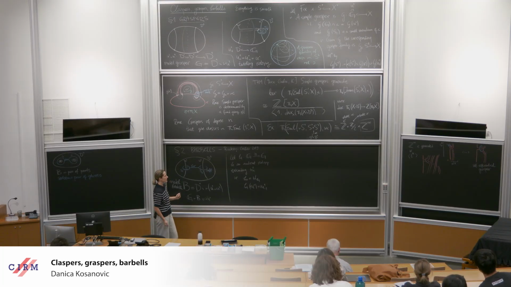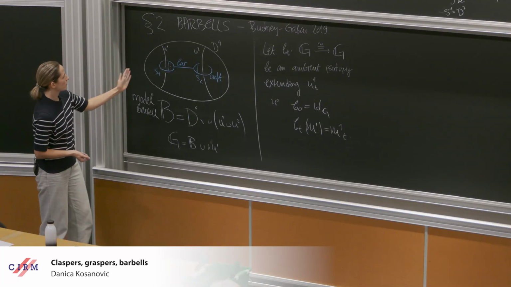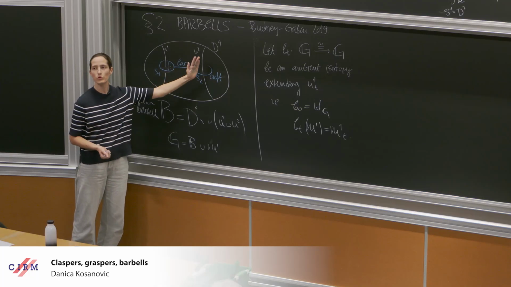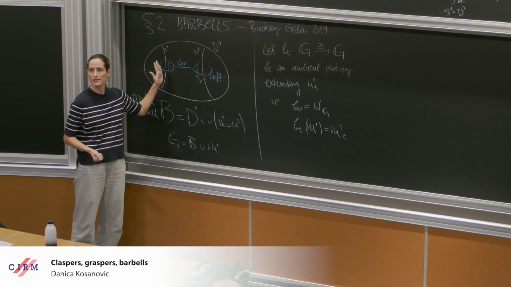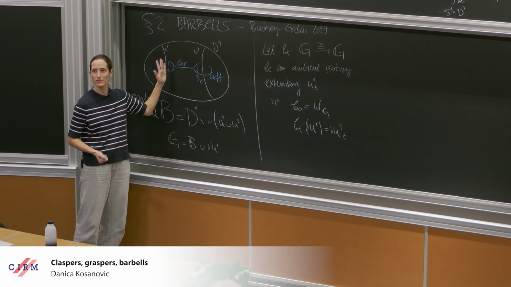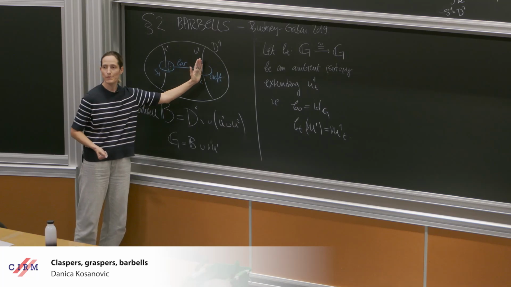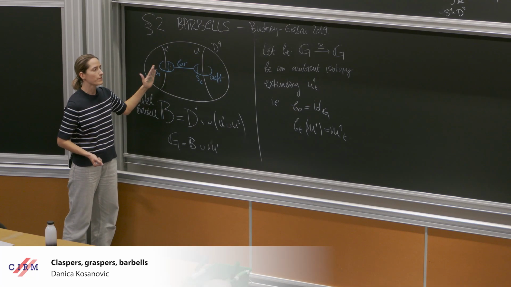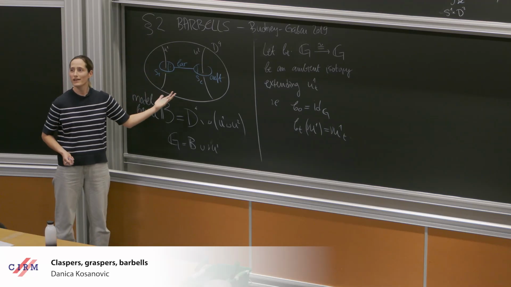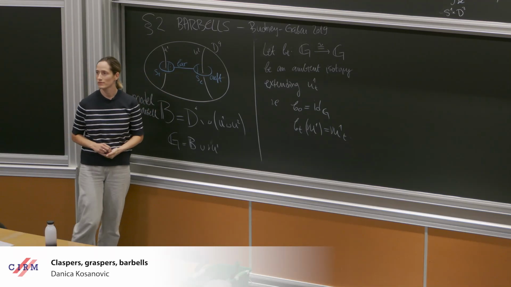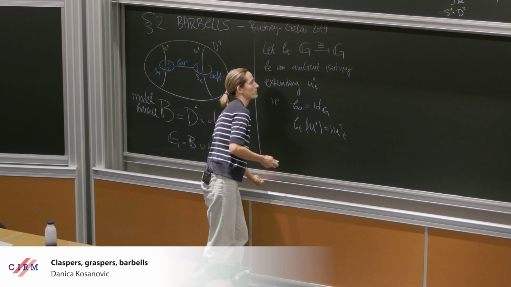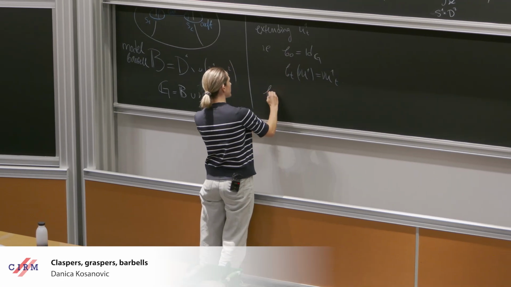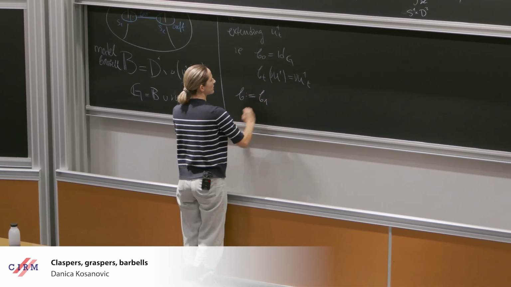So this is an ambient isotopy, and the important point is that when you lift this, basically what happens is that U1 moves, and you're starting with the identity, so then you have to compensate for this movement. You have more and more of the ambient manifold also moving. And when this comes back, although U1 came back, B_1 is not the identity anymore. So the important point is that we define the barbell map to be the time 1 of this.